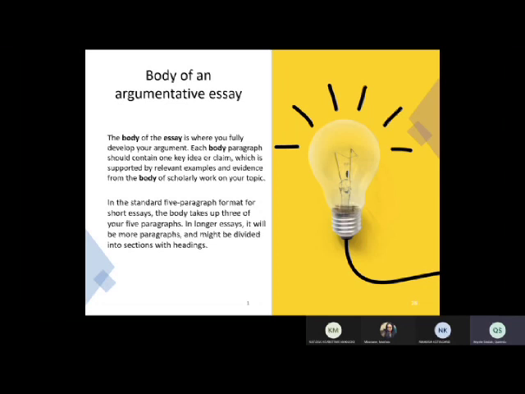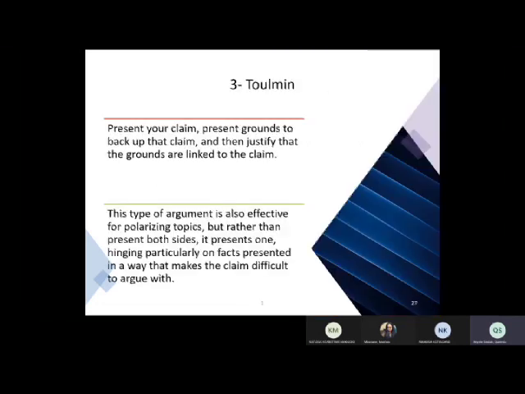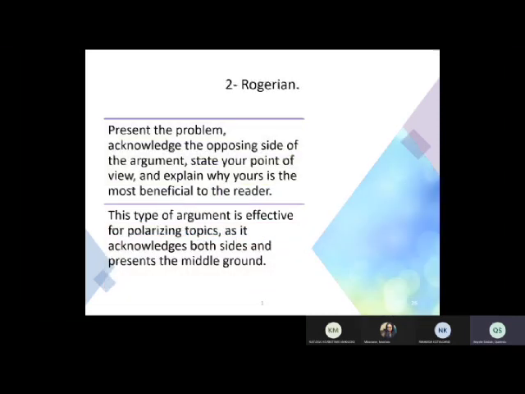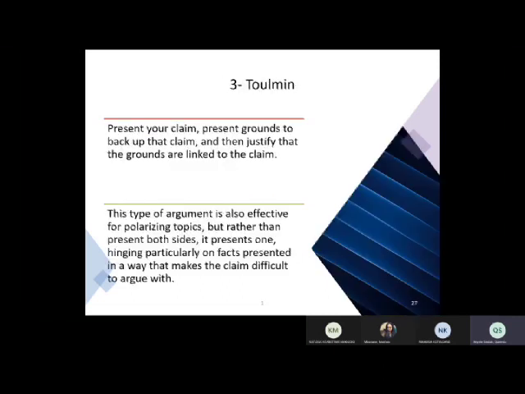answer your argumentative essays. So for the Toulmin, the Rogerian, and the classical, I will usually advise students to use the Rogerian, because when you refute your claim or you acknowledge the opposite side, it makes the reader know that, you know what, I do acknowledge the opposite side. However, my claim is strongest, because then you provide the evidence why yours is stronger. Yes, this is also nice because you focus on providing claims why yours is stronger.